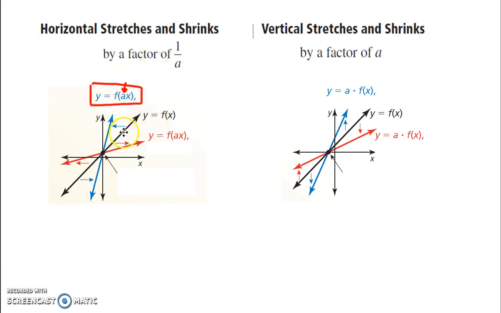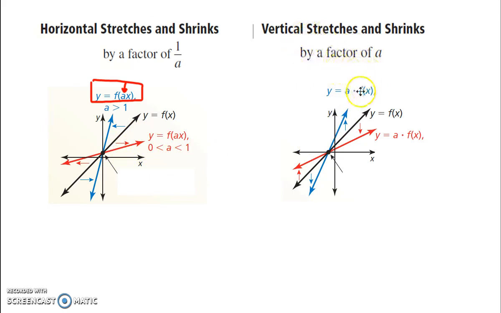This is a horizontal stretch or shrink because we are changing the x value. If it's going towards the y, that means it's shrinking. If it's going away from the y, that's stretching it out horizontally. That is shrinking if a is greater than 1, and if a is a fraction between 0 and 1, then it stretches it out. That means the slope gets shallower.